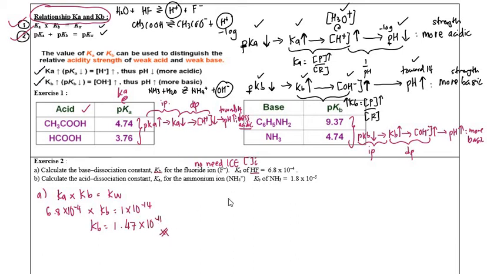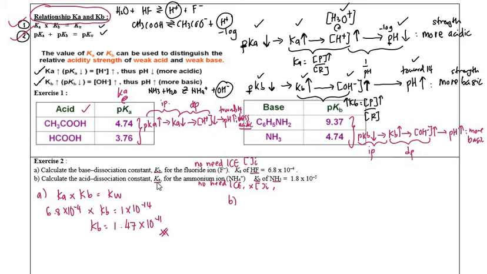Okay. For B, calculate the acid dissociation constant Ka for ammonium, given Kb for ammonia. Here, do we need an ICE table? No need, because we don't have the initial concentration, and the question does not ask about Kb or degree of dissociation. The question asks about Ka.